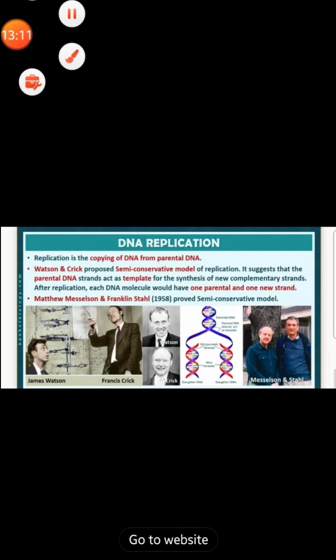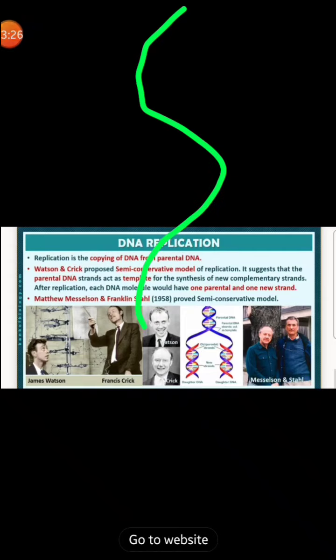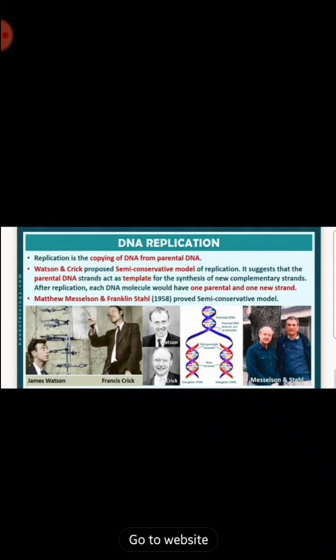So here we have studied that Watson and Crick proposed the semi-conservative model of replication. They suggested that the parental strands act as a template, and the new strand will be synthesized.